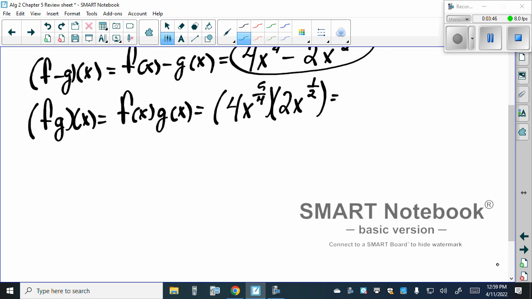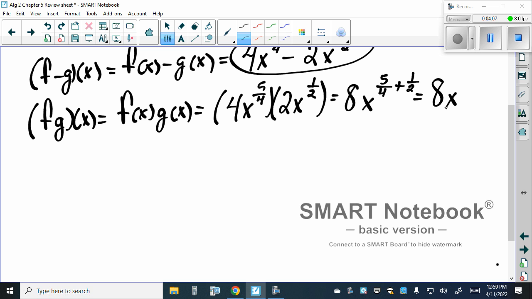Now for us here, we can multiply the 4 and 2. 4 times 2 is 8. And when we multiply like bases, when we multiply x to the 5/4 and x to the 1/2, we add the exponents. So we have 5/4 plus 1/2.